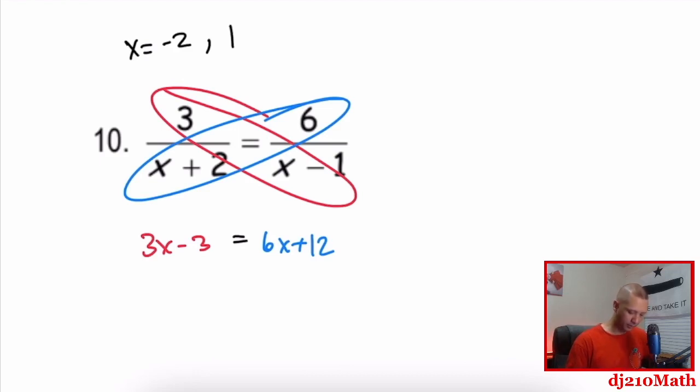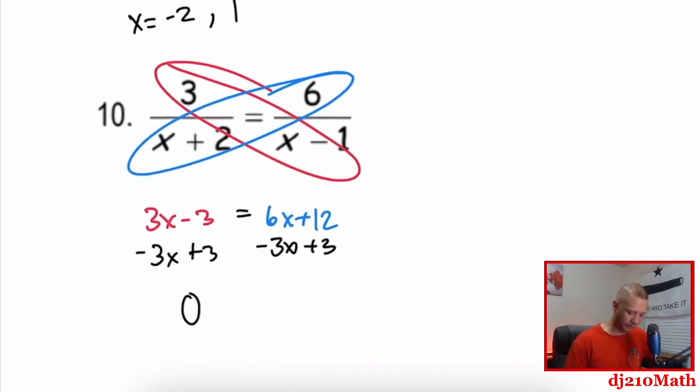Moving everything one direction. Minus 3x, minus 3x, plus 3, plus 3. I'm doing this for a very specific reason, because on the left, we're going to get 0. Then on the right-hand side, we're going to get 3x plus 15.